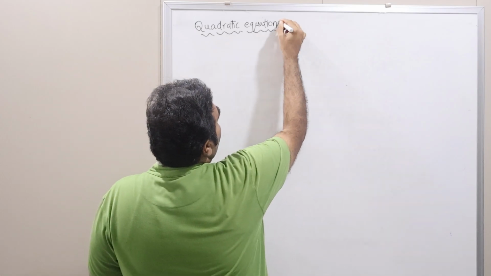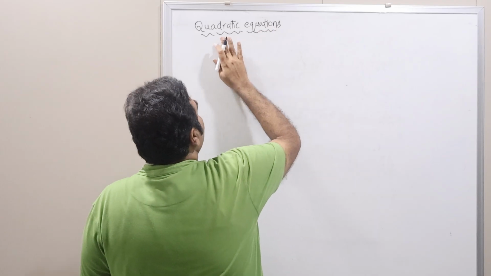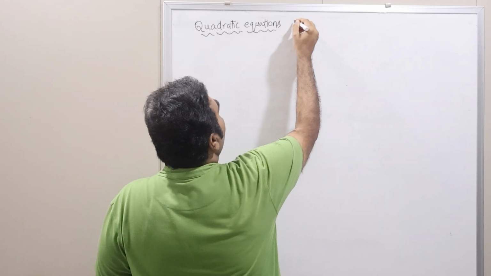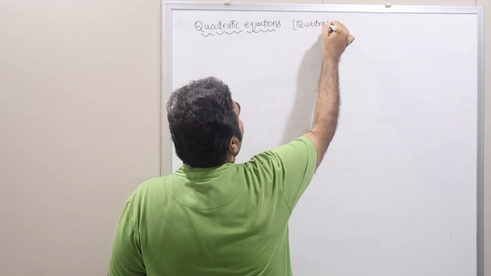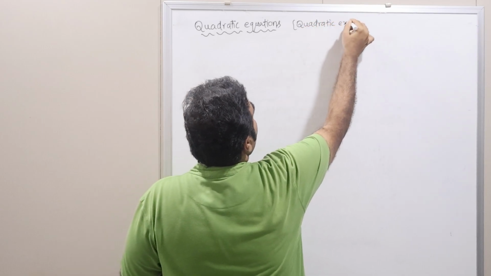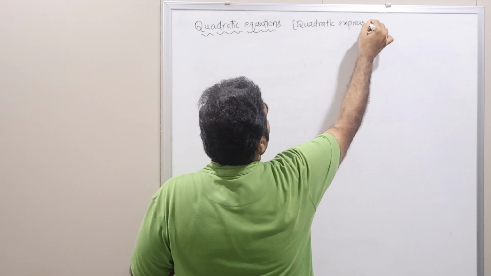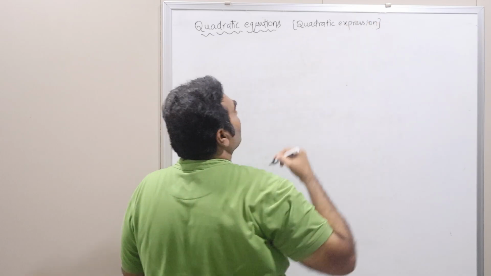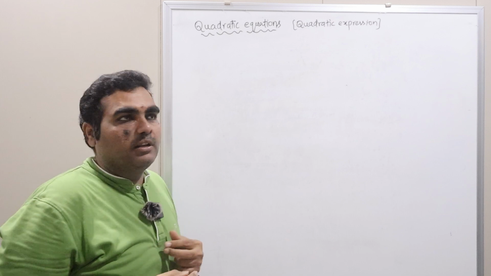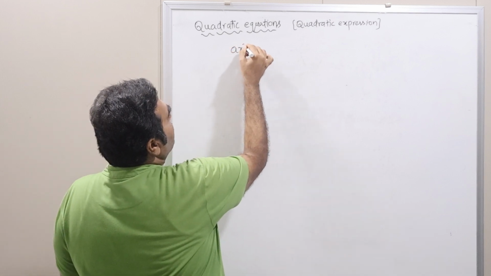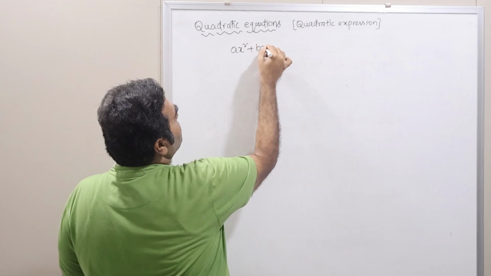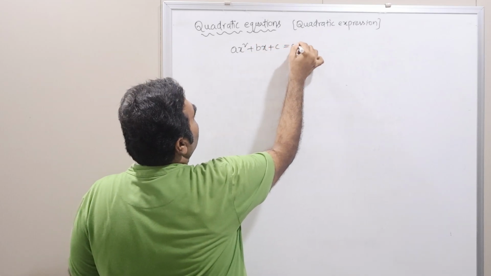When I say quadratic equations, sometimes I will be using quadratic equation, or sometimes I will be using quadratic expression. The difference is very simple. Quadratic equation means, if I consider the general form, ax square plus bx plus c is equal to 0.